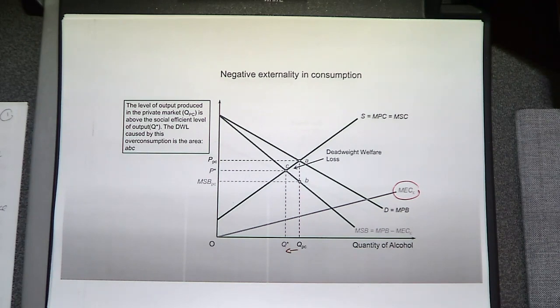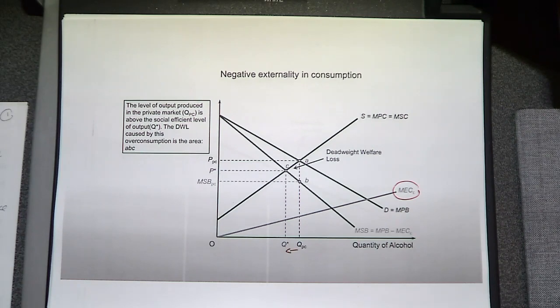Any policy should be directed to reduce the consumption of this good. What do you think they do? They tax the consumption of alcohol, yeah? We know that because we pay that tax now. Sugar, another one, yeah?